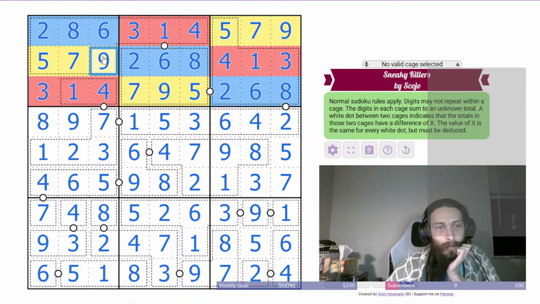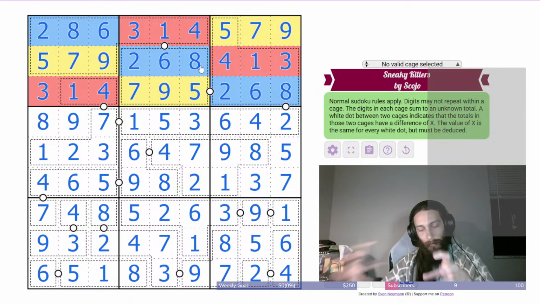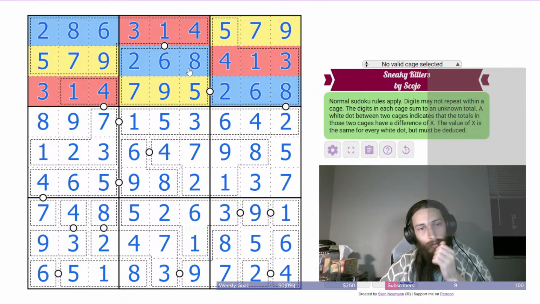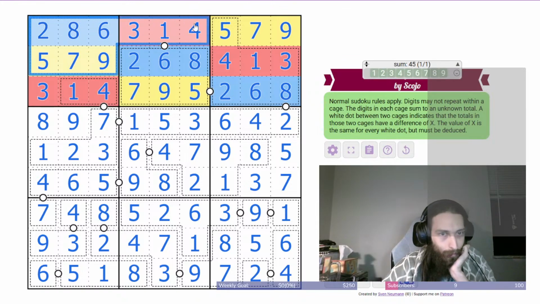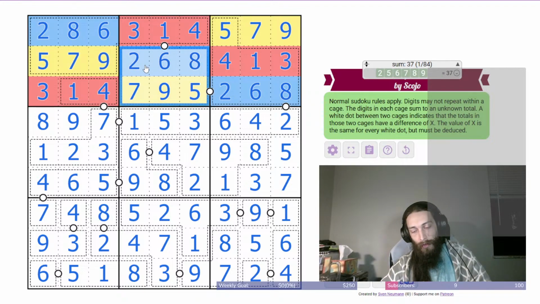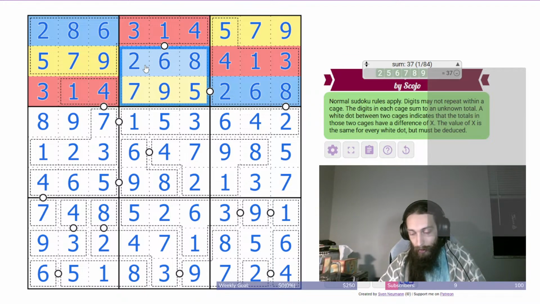Although, if we'd started with actual values, it would have helped, rather than trying to do it abstractly. Because if we'd done actual values, we'd have known, okay, we know this is 45, so this ends up being 39, 37, or no, not 30, 39, 38, or 36.